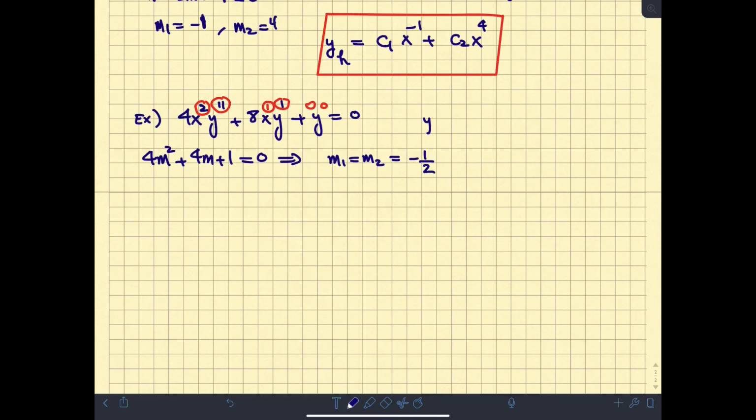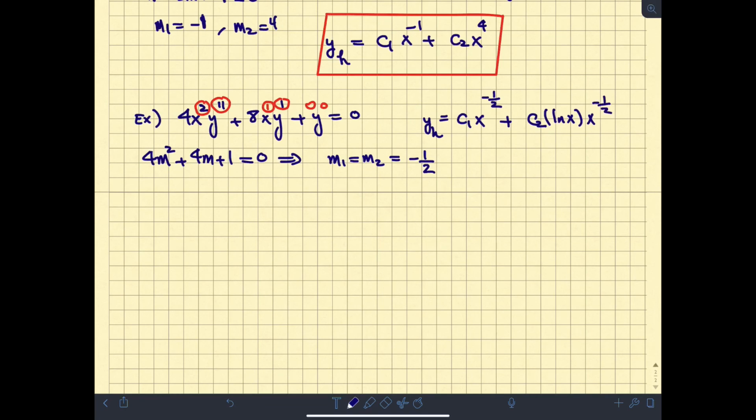So I could write the homogeneous solution to Cauchy Euler as C1 x to the power of the root, which is minus 1/2, plus C2. Now I'm not going to put x, I have to put ln of x, so it'll be C2 ln of x times x to the power of minus 1/2.